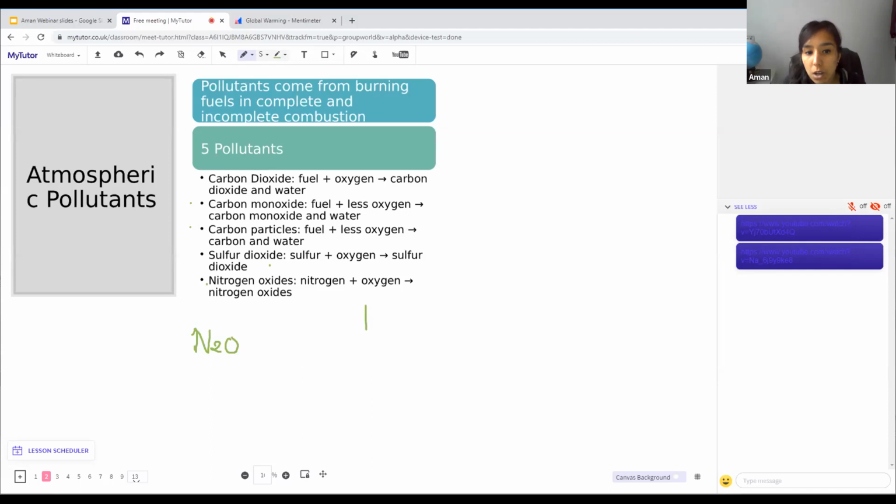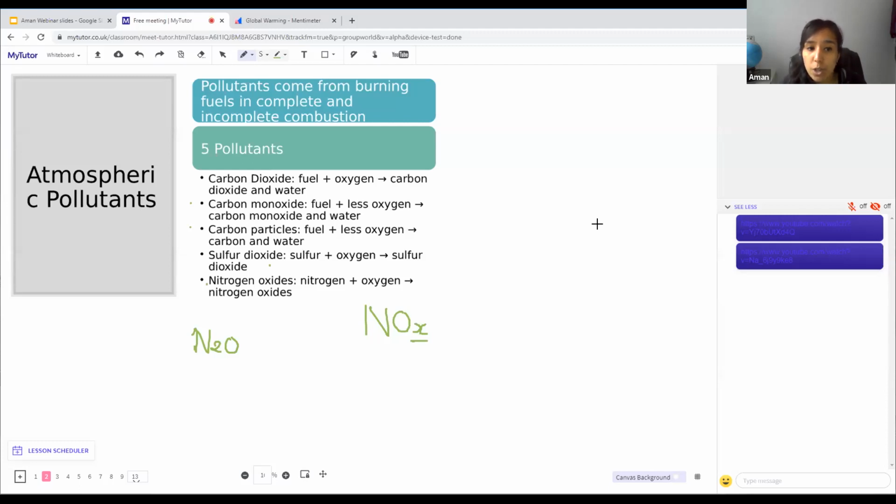Nitrogen oxides are known as NOx, and the x just means that that number could be anything. It could be 2, it could be 3. So nitrogen dioxide, for example, is an atmospheric pollutant, and that would be NO2. But because there are lots of different nitrogen oxides, we put NOx to mean that we don't know how many oxygens could be in that particle, but all of them are atmospheric pollutants.